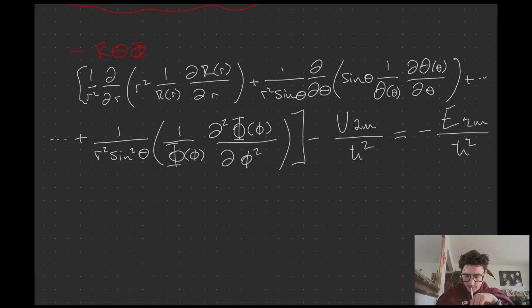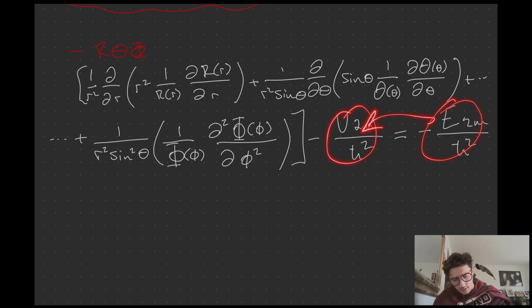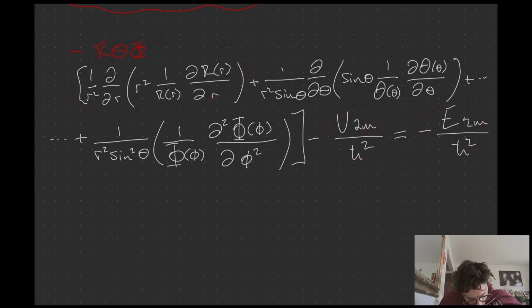Yeah, I think we should combine the V and the E. I'm saying we should combine this and this together and couple it with this one here. Okay, I'm going to draw very, very small here so that we can see everything on one line, because I think it's going to be good. Partial r, then here we have r squared, capital R, on the bottom here, partial capital R, partial r.